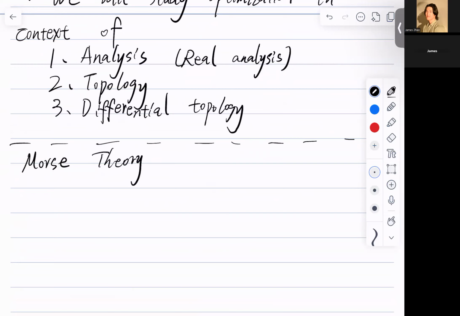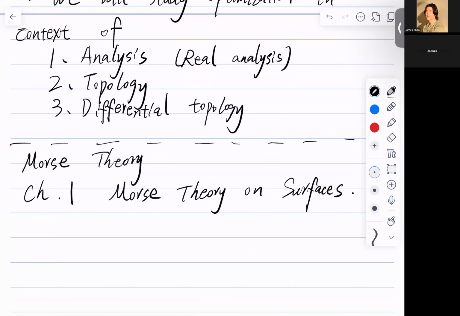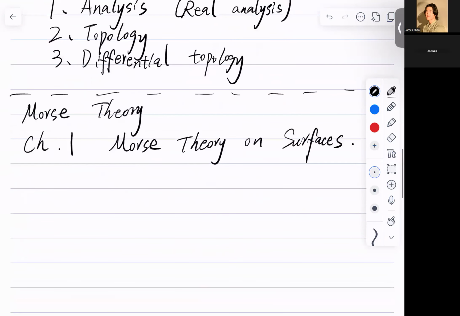Let's start by giving it the title Chapter 1. We're going to call this Morse theory on surfaces. And let's look at a definition. We're going to give it a heading 1.1.